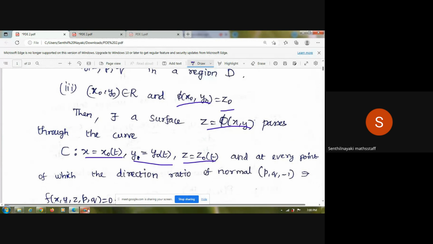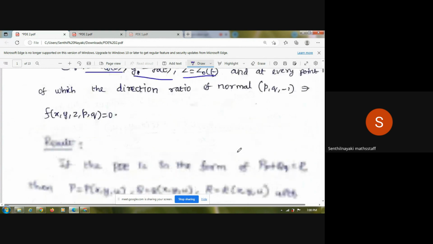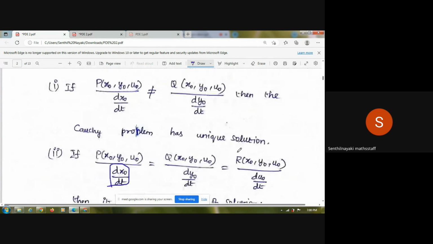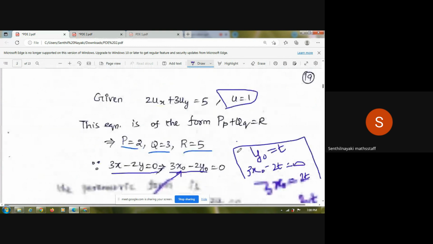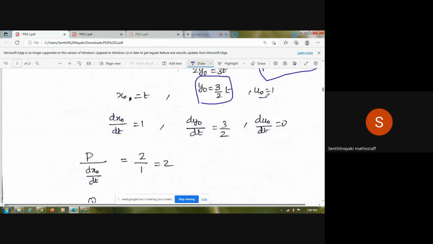Similarly, instead of z, here we have u. So this u is immediately changed to u naught. So we get u naught equal to 1, because u is a function depending on x and y, so u naught is a function depending on x naught and y naught. Here the u value is simply 1.